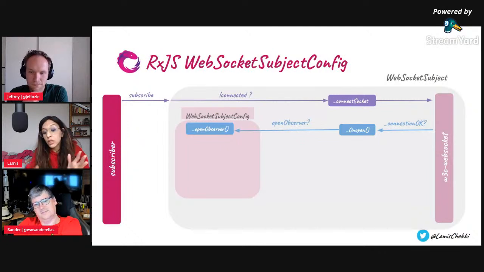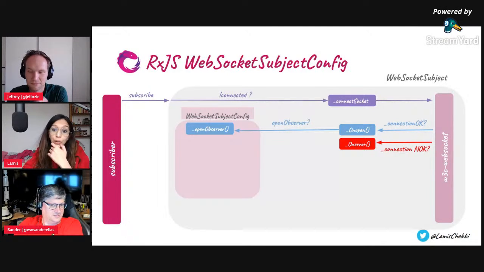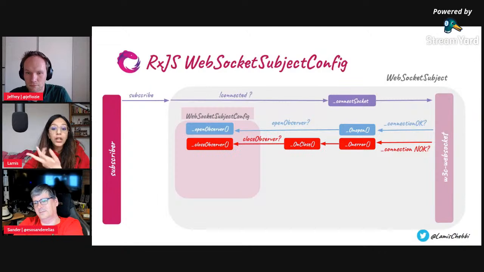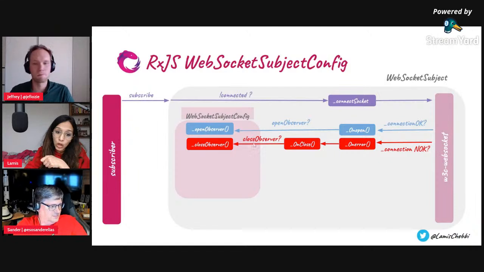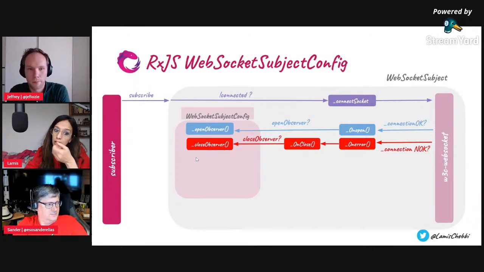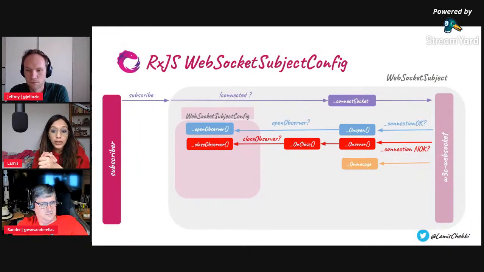If not, it will do nothing. And if the connection is not okay, then there is an error, and the error will raise the closure of the connection. This will check if the close observer property is overridden in the WebSocket subject config or not. If there is a registered callback, then it will call it.